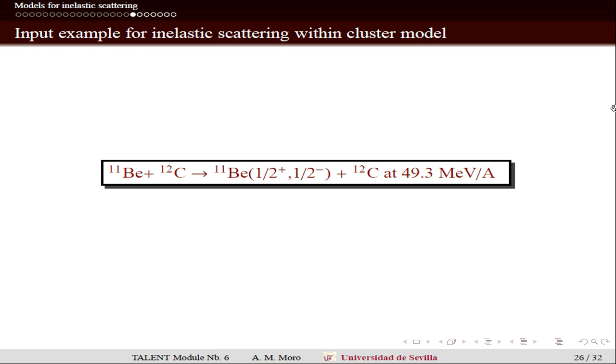So let us think of beryllium-11, our favorite nucleus, on carbon-12, and so far we will include only the 1/2 plus and 1/2 minus, which are the bound states of this system. This is very convenient because beryllium-10 is 0 plus.